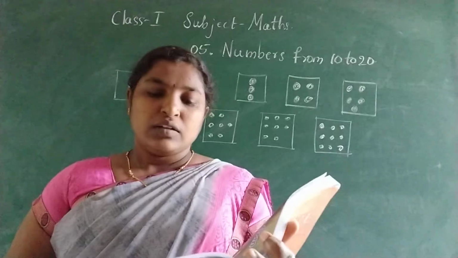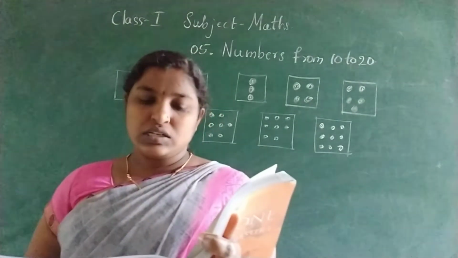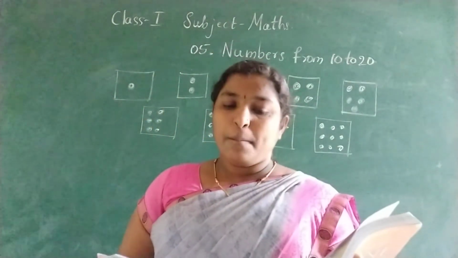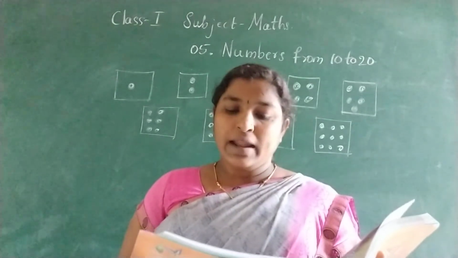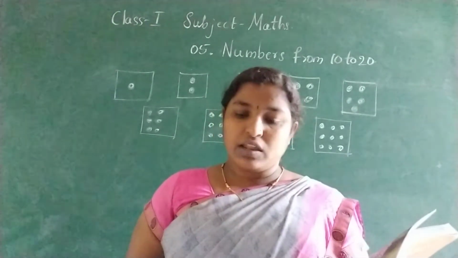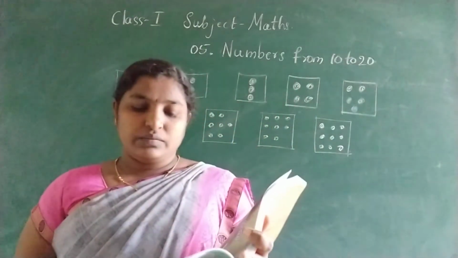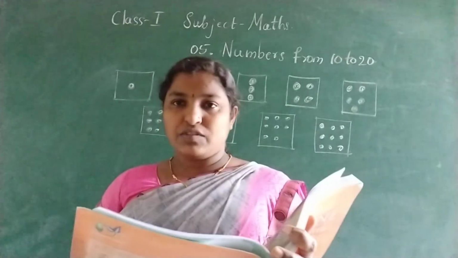So 10. In the second column there are some sunflowers. There are 10 sunflowers plus 1 sunflower. So 1 ten and 1 one is 11. Next there are 10 starfishes plus 2 starfishes.